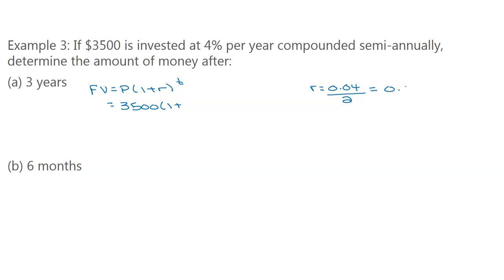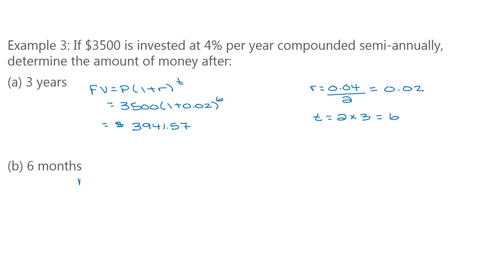When I do that, I get 0.02. Now for T, I'm going to be getting interest twice a year. So after 3 years, I would have gotten interest 6 times. So T is 6. So now putting that in the calculator, you should get $3,941.57.